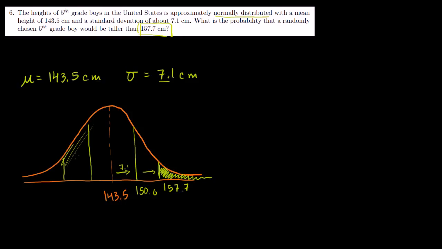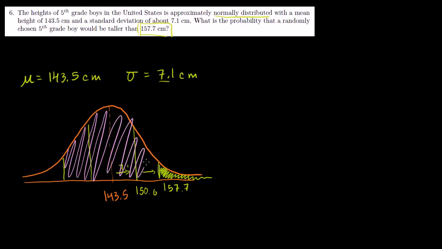We know what this whole area is, the area within 2 standard deviations. The 68, 95, 99.7 rule tells us that this area, because it's within 2 standard deviations, is 95% or 0.95 of the area under the normal distribution.